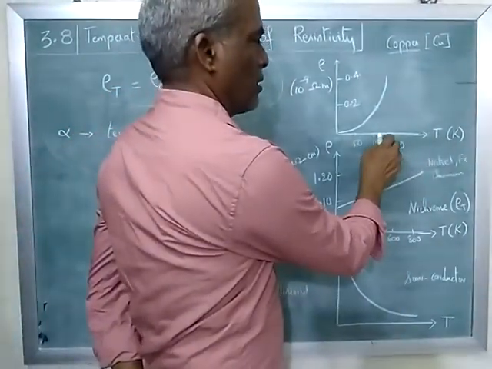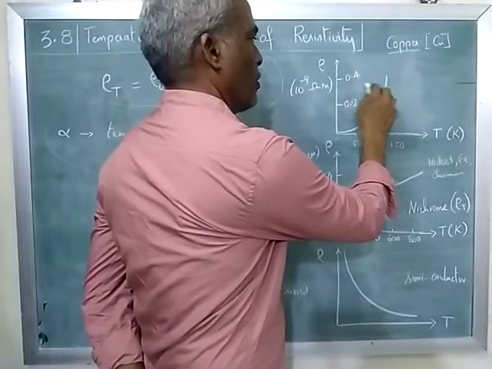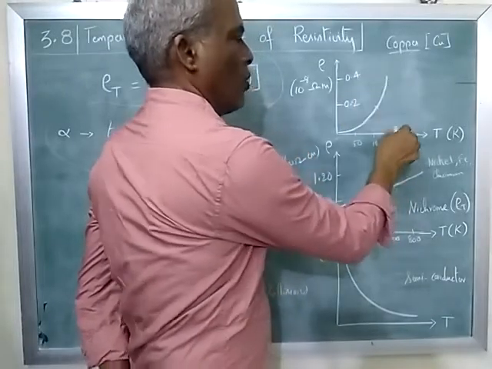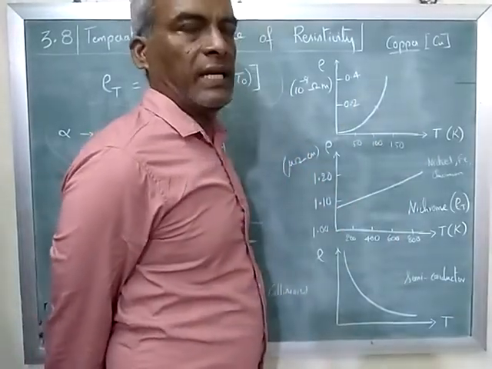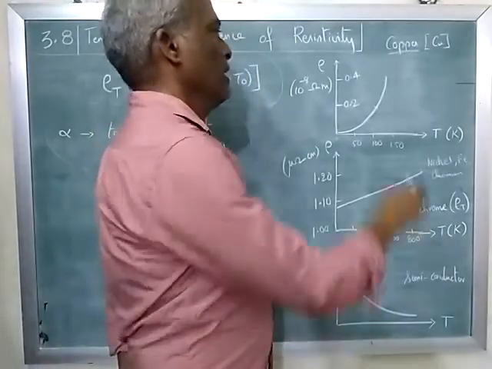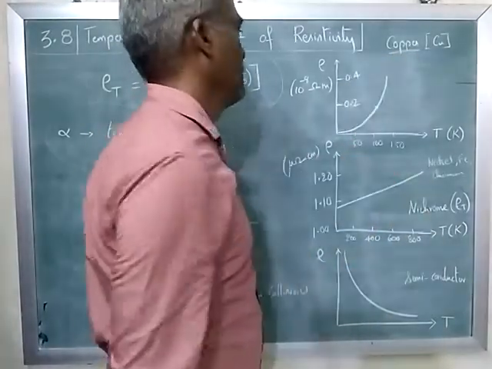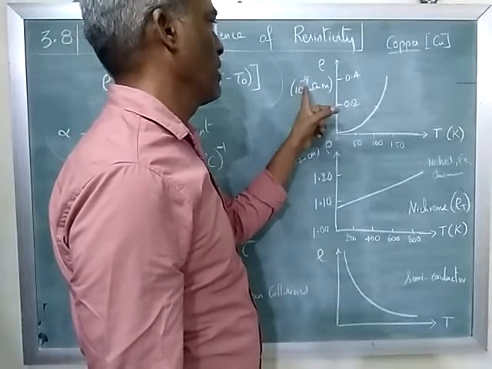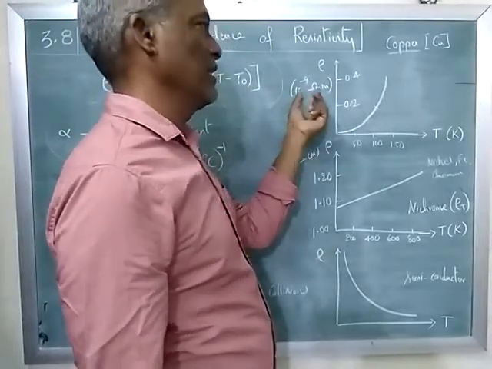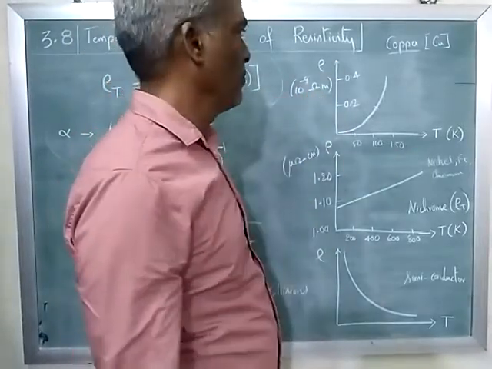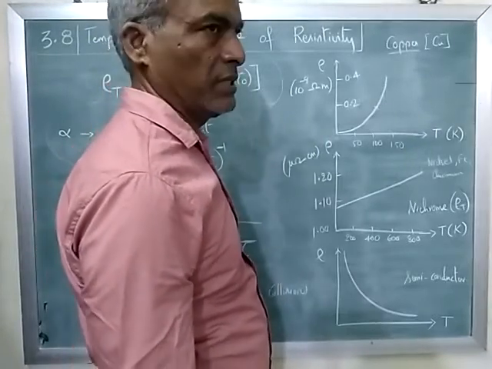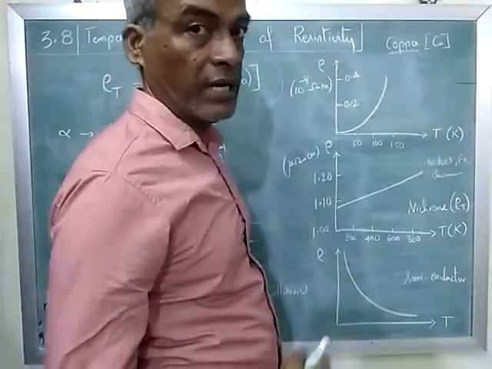Similarly, at 150 Kelvin, the resistivity of copper is 0.4 into 10 power minus 8 ohm meter. Since it is 10 power minus 8, it is a very negligible value. Resistance is very negligible, therefore conductivity is very high.